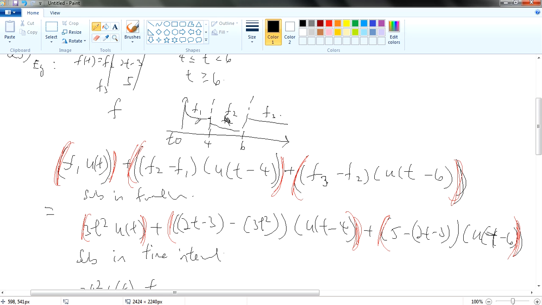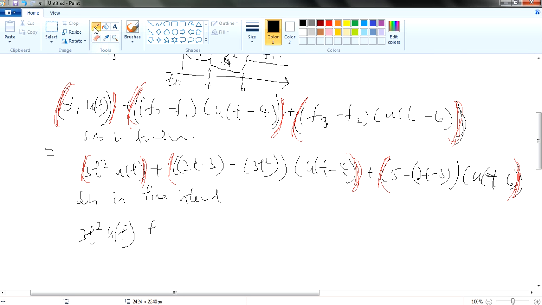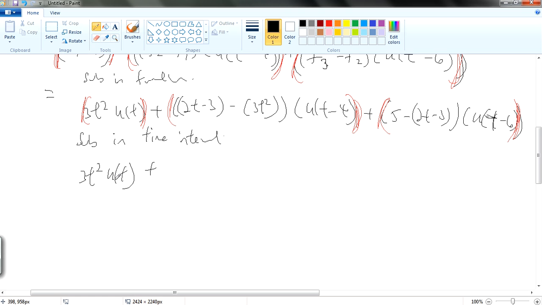So this is f1, this portion, then this portion, and then this portion. Hope you get it clear. This also explains why the next step is this. For t minus 4, you just sub it into here, so it will be 2 times (t minus 4) minus 3, minus 3(t minus 4) squared. Then you have u(t minus 4).